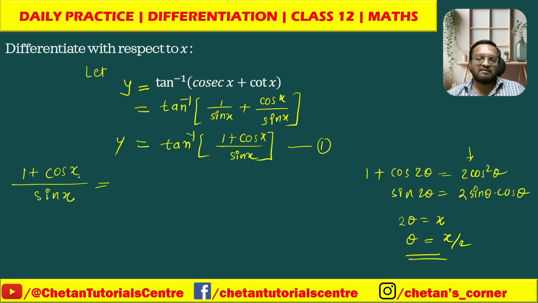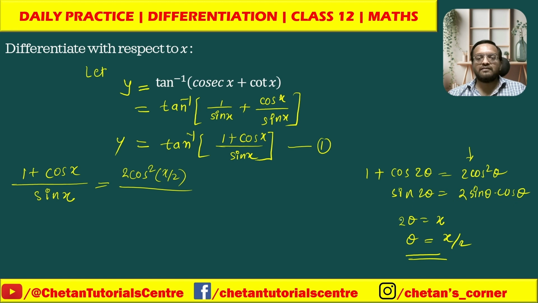Therefore 1 plus cos x will be written as 2 cos square theta, that is theta is x by 2. So 2 cos square x by 2. And the denominator will be written as sin x, that is sin 2 theta is equal to 2 sin theta into cos theta.